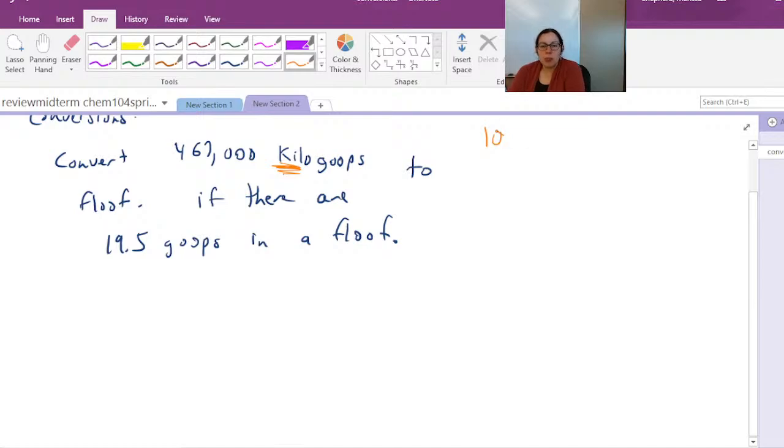Or 1,000. So we're saying we have 1,000 goops in 1 kilogoop. So if we want to get to goops, then we need to multiply by 1,000. So let's do that.